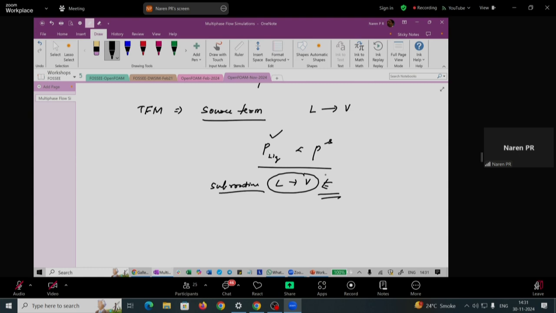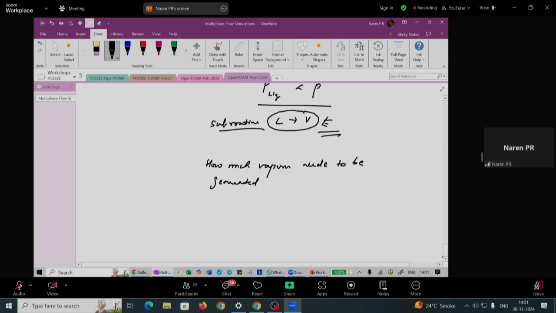We need to write this as a subroutine, or you need to give it as an external code, right? So what I mean by this is you need to tell how much vapor needs to be generated. So in a sense, the rate of generation of vapor. This rate of generation of vapor anyhow is proportional to the pressure drop.